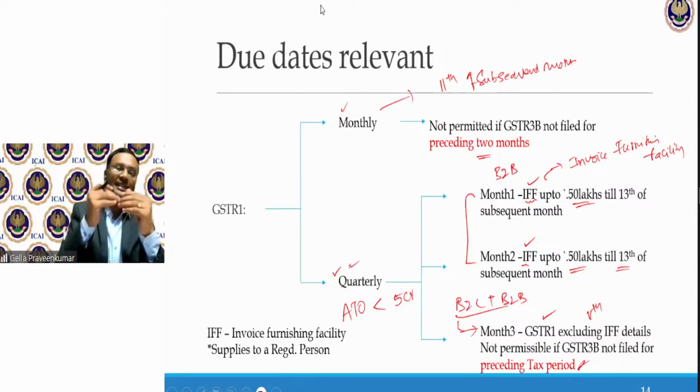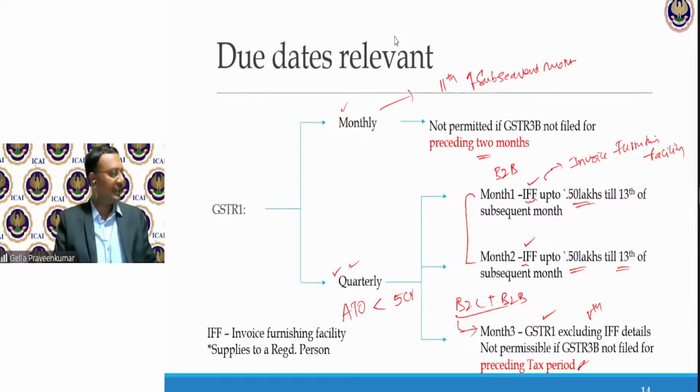So all those transactions pertaining to month 1, month 2, which could not be furnished using IFF, I have no option. I'll come back to this month 3 and then disclose.